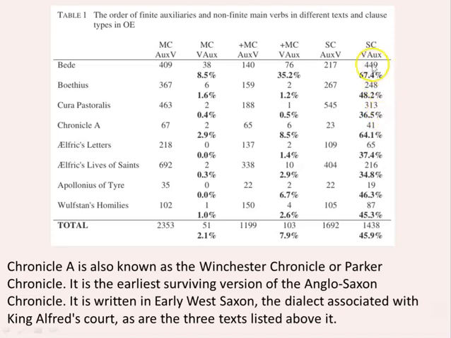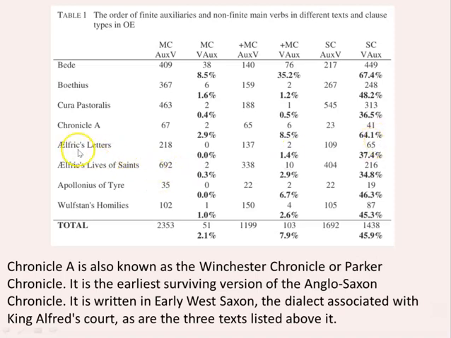If you look at the early West Saxon dialect of Old English, the verbs in the subordinate clauses definitely tend to go to the end, but not overwhelmingly. On average, about 60% of cases, so it's more than half, although in the Pastoral Care here, it's only 36.5%.